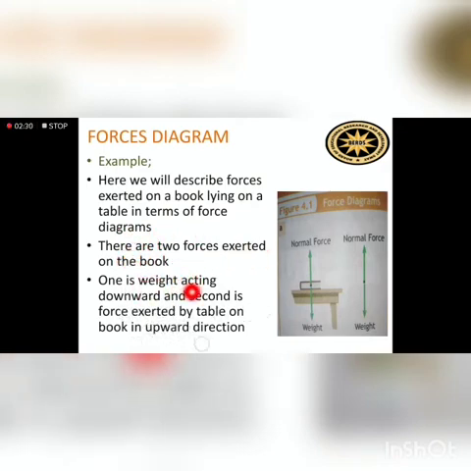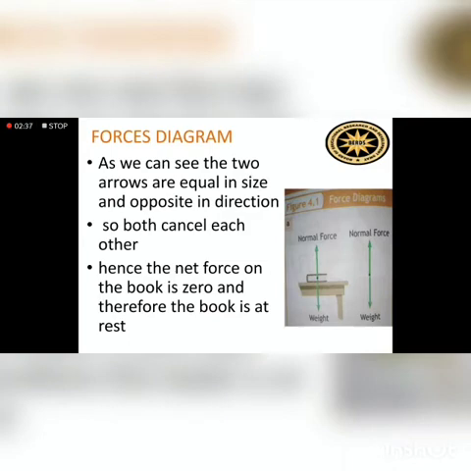One is weight acting downward and the second one is the force exerted by the table on the book in the upward direction. As we can see, the two arrows are equal in size and opposite in direction. The arrow of the normal force and the arrow of the weight are both equal, so both cancel each other. Hence the net force on the book is 0 and therefore the book is at rest.